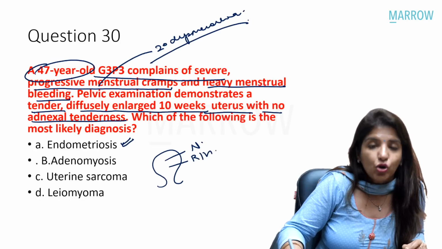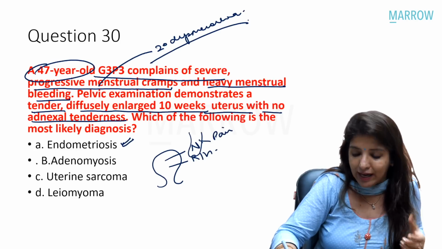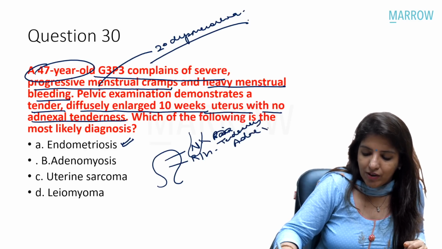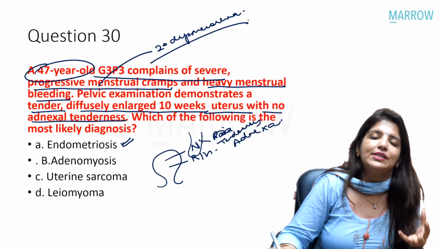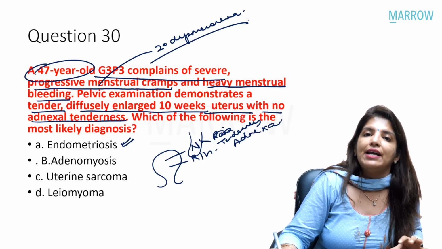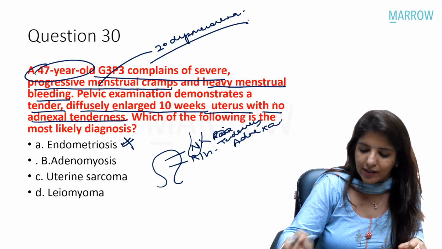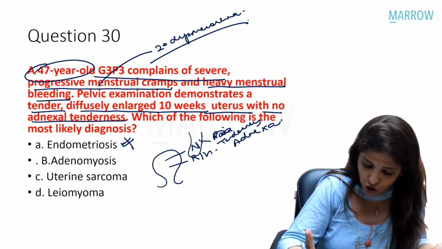It will be retroverted and there will be tenderness in adnexa. Why will there be tenderness in adnexa? Because of the chocolate cysts, there may be fullness and tenderness in adnexa. So because here uterus is enlarged, it cannot be a case of endometriosis, and over here there is no adnexal tenderness, so it cannot be a case of endometriosis.